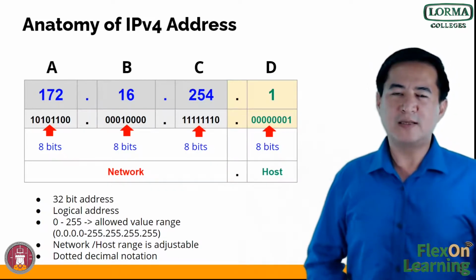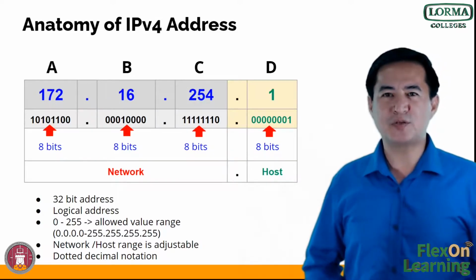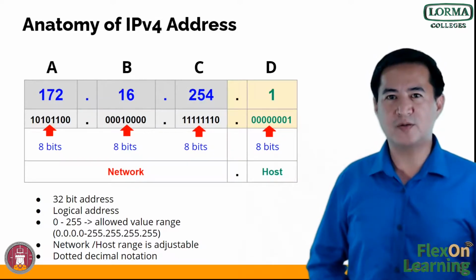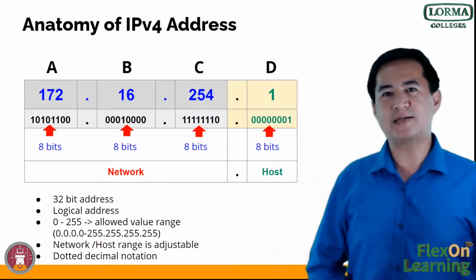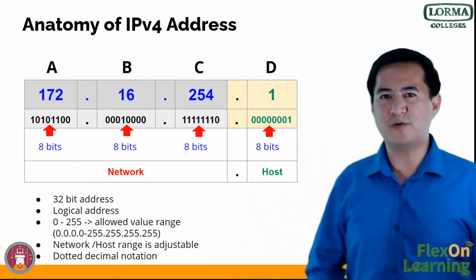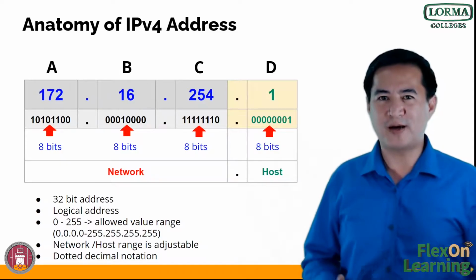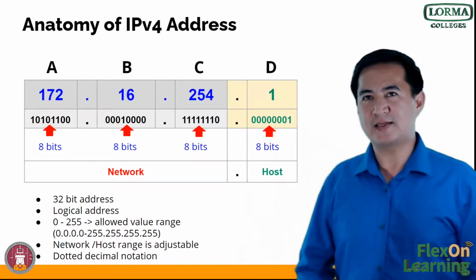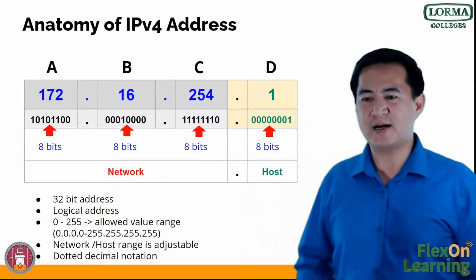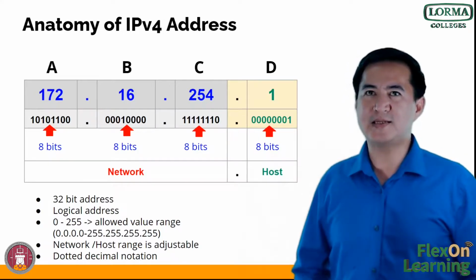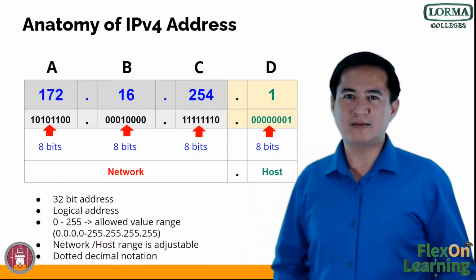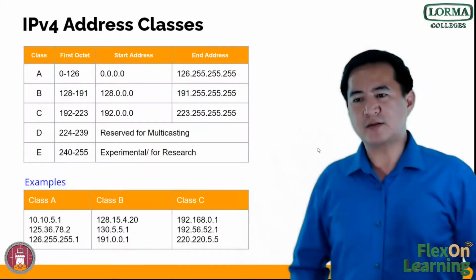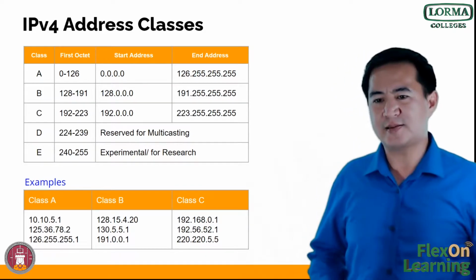Therefore, the lowest or smallest IP address that you could have is 0.0.0.0, and the highest will be 255.255.255.255, that's four 255s. We call this kind of notation dotted decimal notation. So again, we read the IP address given here as 172.16.254.1.